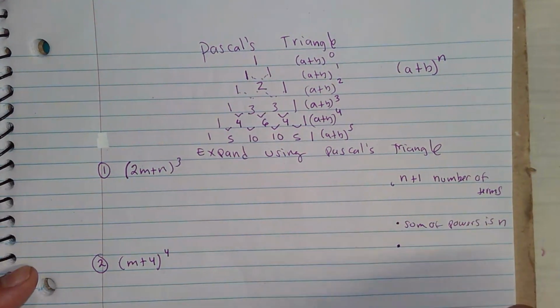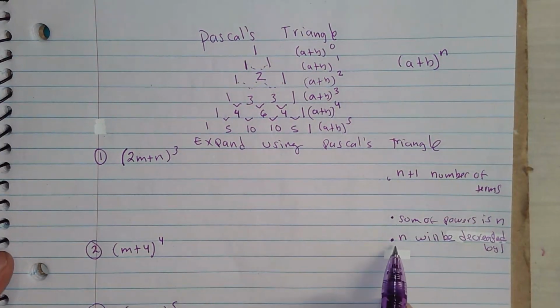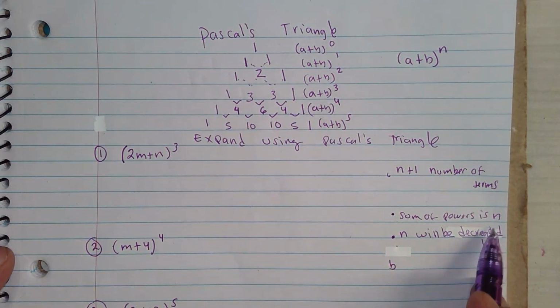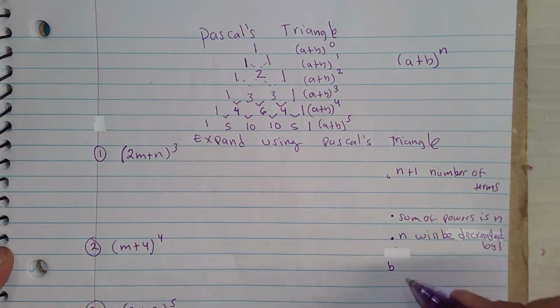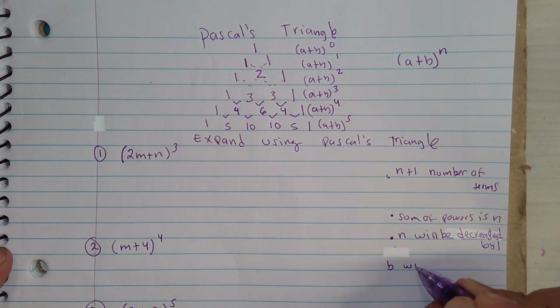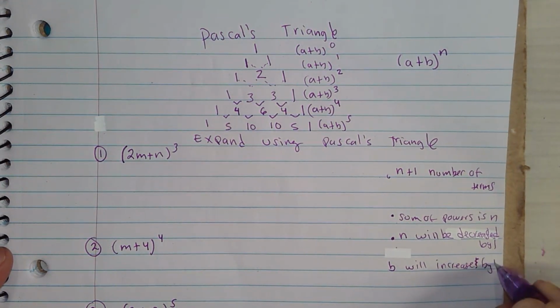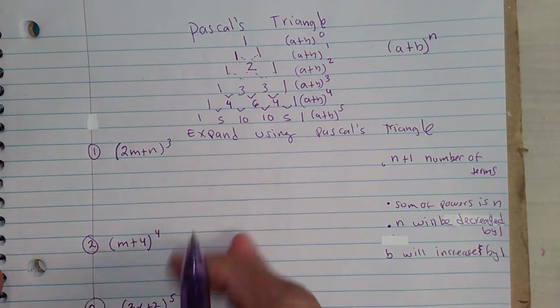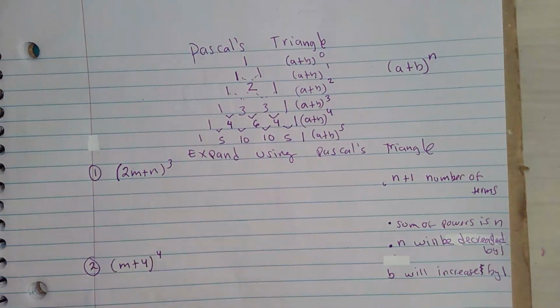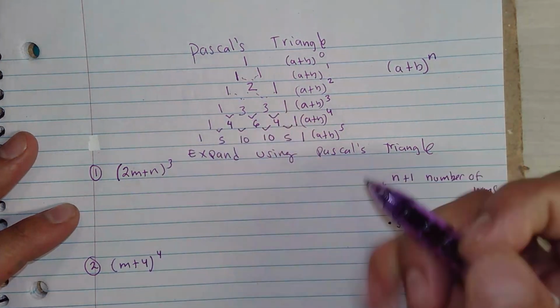And one last thing. The power of the first term will decrease by 1, not increase, okay? The first term will decrease by 1, and b will increase by 1. Okay, so let's apply it to this question here. So we need to use 1, 3, 3, 1.